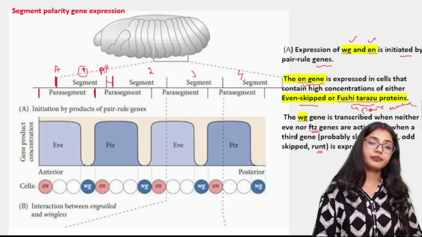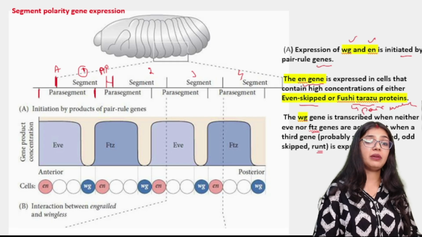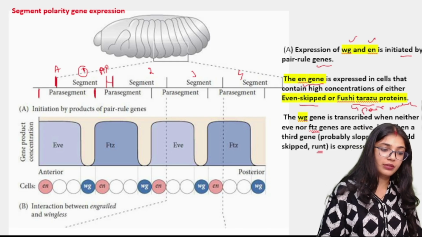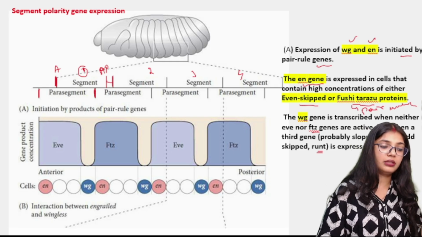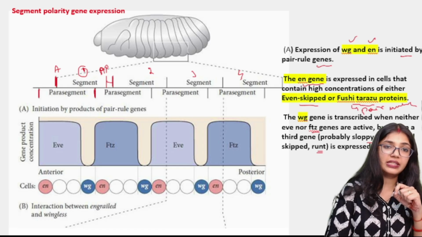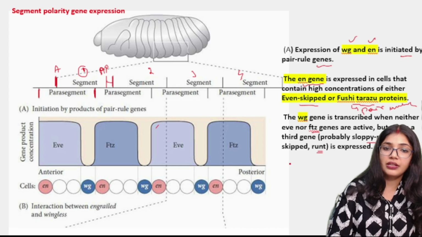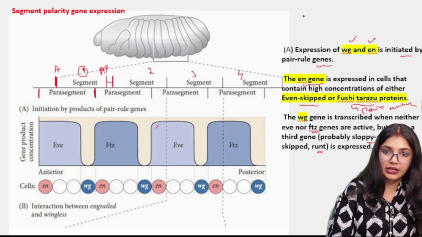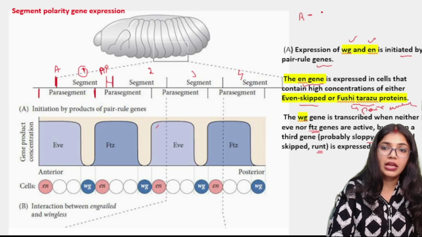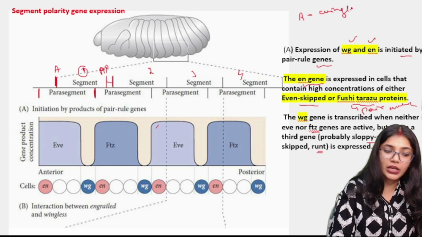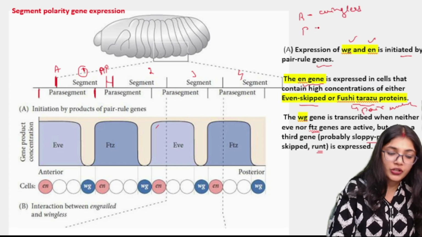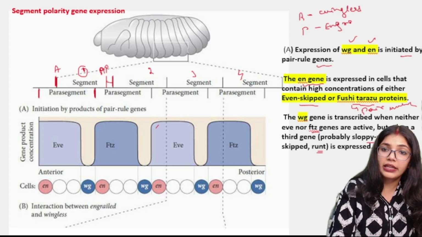Here there are certain reasons why the segment polarity genes are responsible. The segment polarity genes in the anterior region have the wingless protein, and in the posterior region they have the engrailed protein.